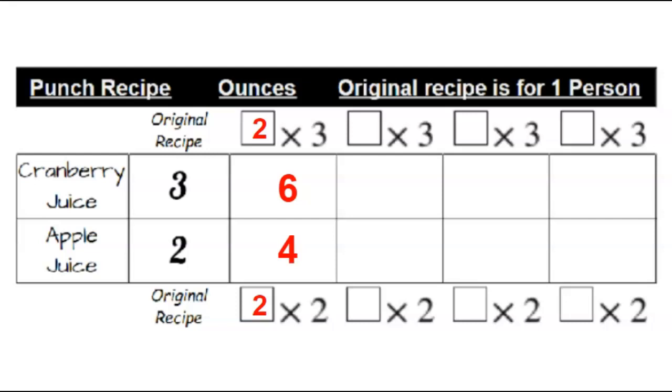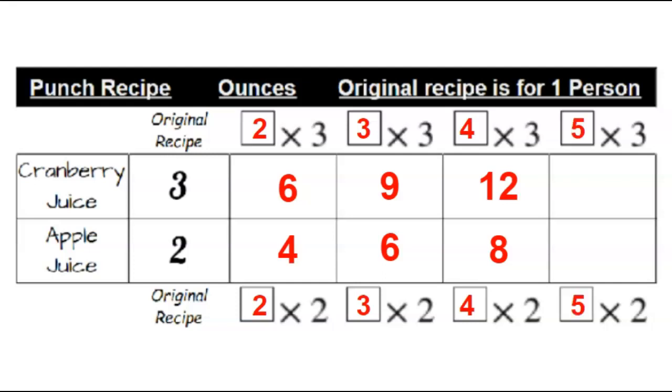If I'm going to give this to 3 people, I would increase both ounces by 3. So 3 times 3 is 9, and 3 times 2 is 6. If I want to create this for 4 people, again, I multiply, and I get 12 to 8, so 12 ounces of cranberry juice, 8 ounces of apple juice.